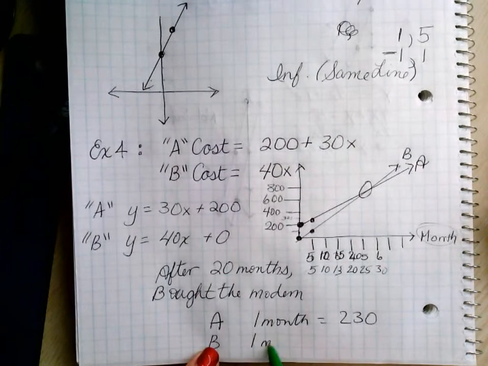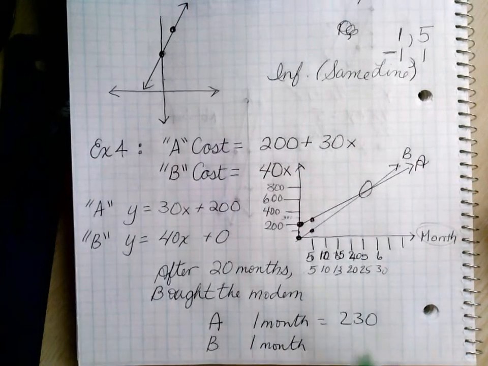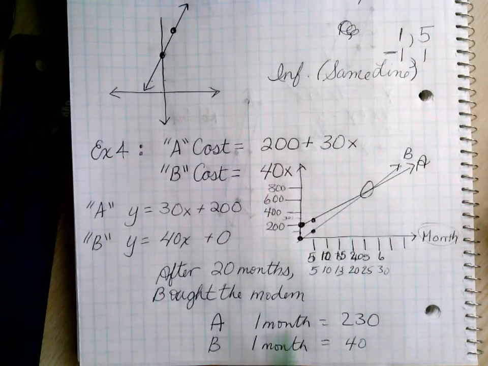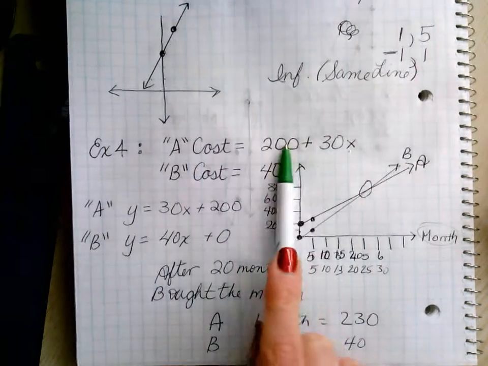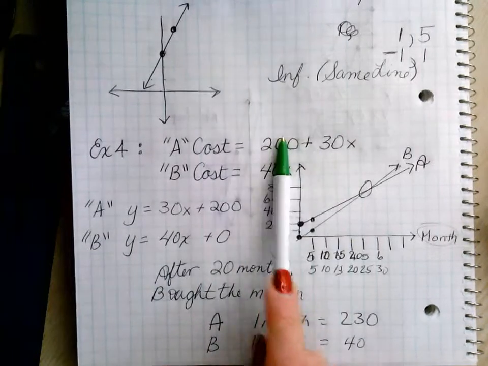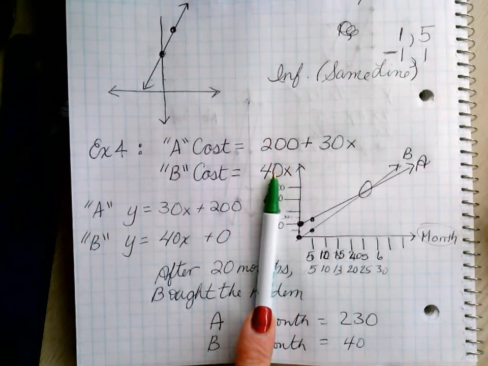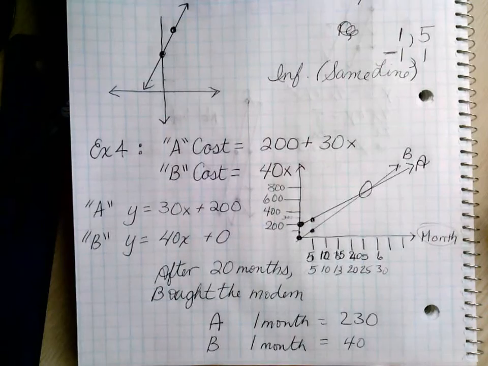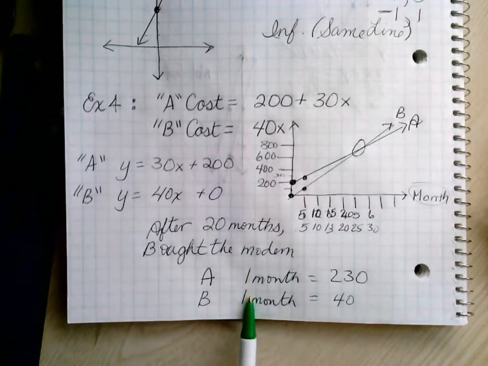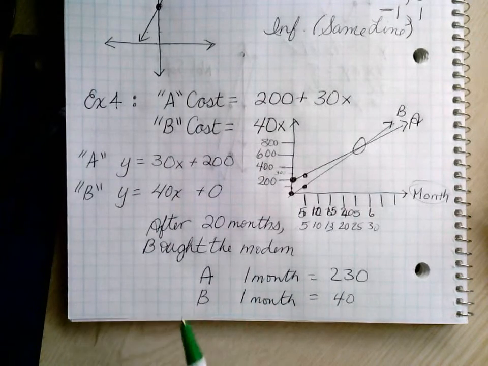B's cost after 1 month is $40. You guys see what I'm saying here? So as you go on, you multiply it by 2, it's 200 plus 60 and 80. Multiply it by 3, 290, now we're up to 120. And you could test it that way as well. Just figure out 1 month, 2 months, 3 months, okay, to verify your graph.